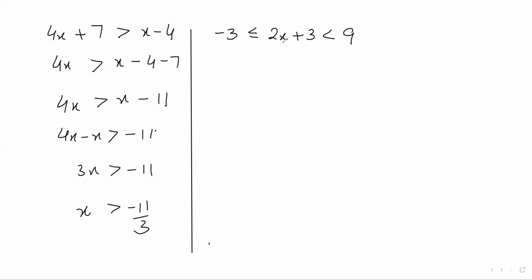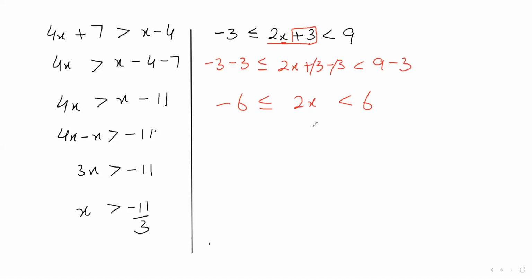We need to make this x independent. So this is 2x plus 3. The first step would be to eliminate this 3, so subtract 3 on all sides. So we will get minus 6 less than or equal to 2x less than or equal to 6. Now we want x to be independent, so we need to divide all sides by 2.